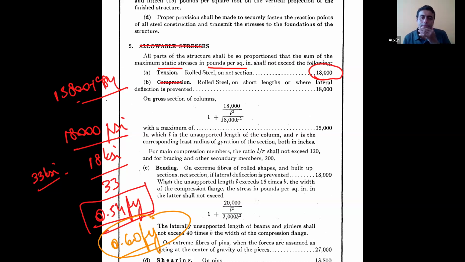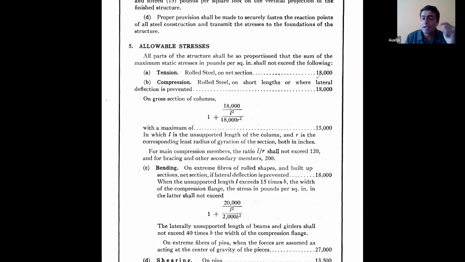So that is the situation where we are. Got it? Because of the increase in confidence, now we allow more stress levels as compared to these values. So this is for tension, rolled steel on the net section.